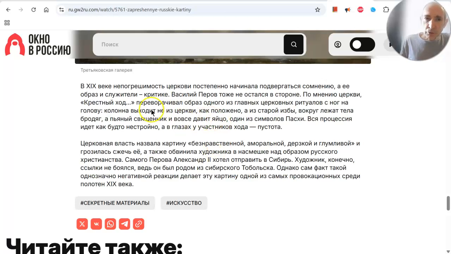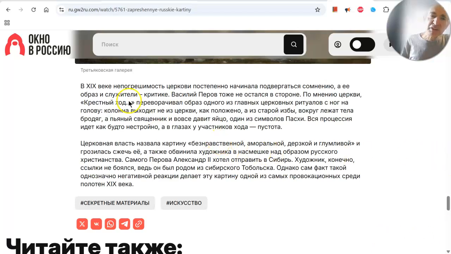So, критике comes from kritika, which is criticism. So now please see how it all works together. В XIX веке непогрешимость церкви постепенно начинала подвергаться сомнению, а ее образ и служители – критике. In the 19th century, the unsinfulness of the church gradually started being subjected to doubt, and its image and workers to criticism.